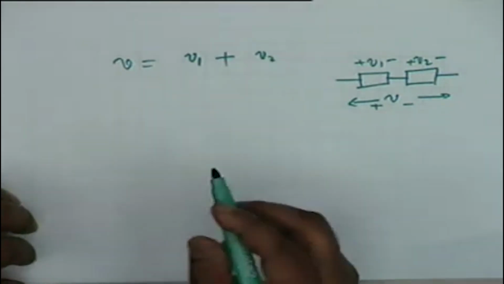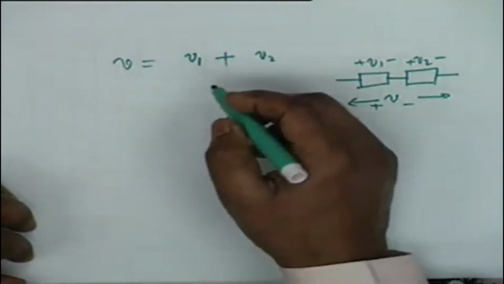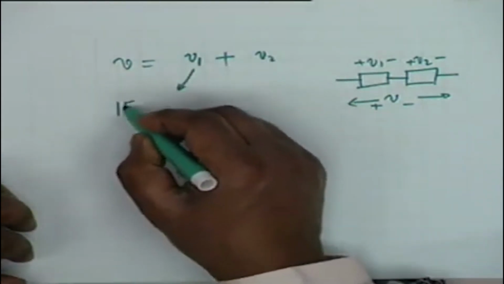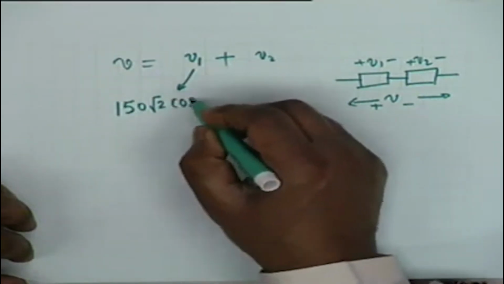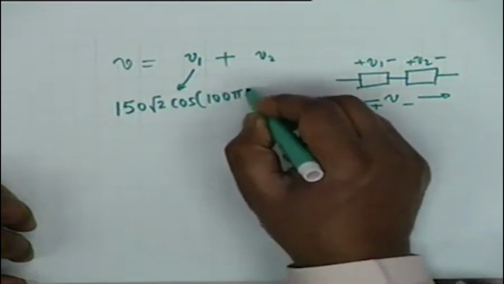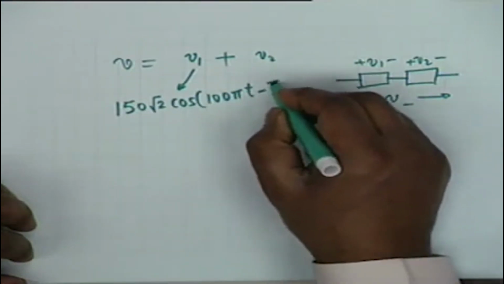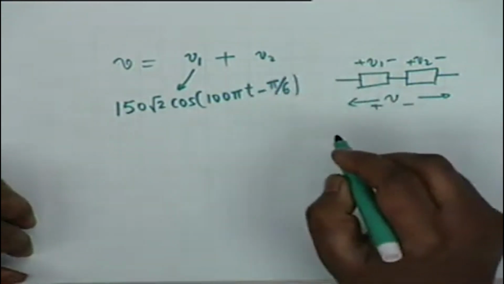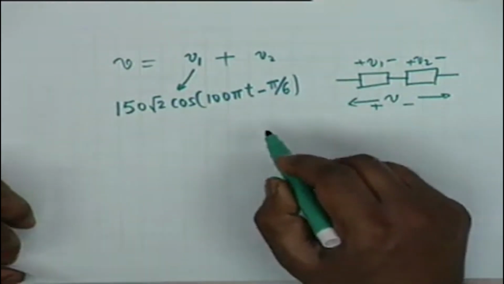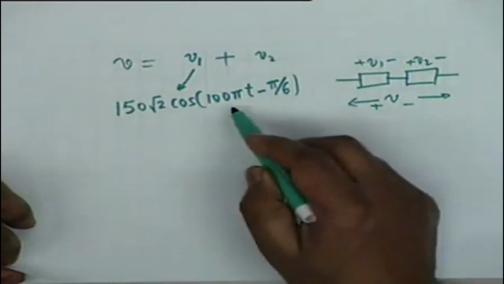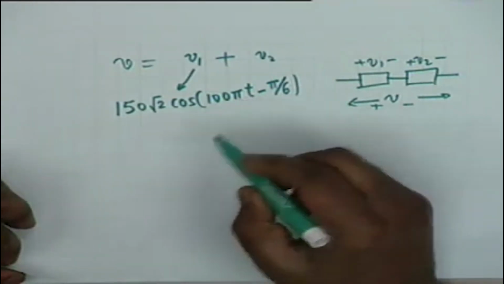And suppose the forced responses for V1 and V2, let's say V1 is 150 root 2 cosine of 100 pi t minus pi by 6. You can see that it is a 50 Hertz sine wave, twice pi f is 100 pi, that's why 100 pi t.